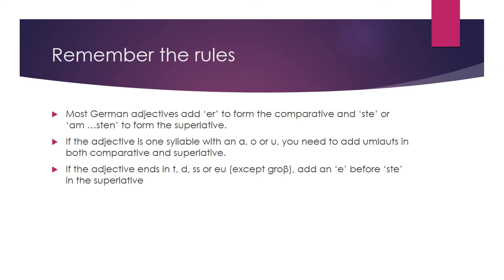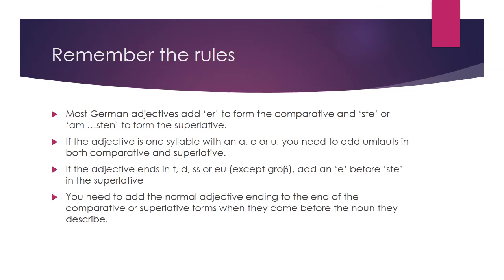If the adjective ends in T, D, SS, or EU, except for groß, which simply goes größer and am größten, the others will need to add an E before your STE for that superlative. And you need to add normal adjective endings to the end of them when they come before the noun they describe. And remember, there are those 3 exceptions: gut, gern, and hoch.